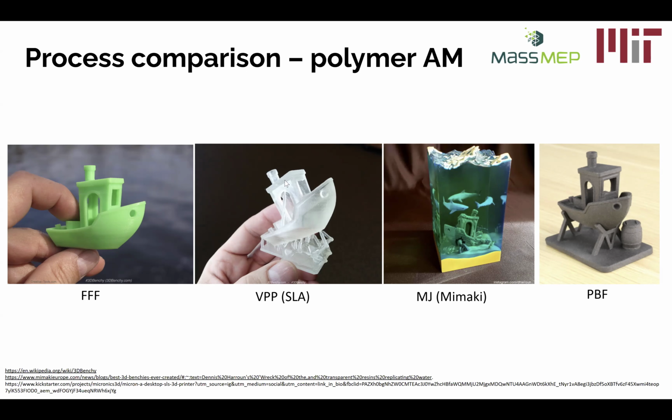To the right of this, we have that photopolymerization, that clear part. And in that case, it might be a little bit hard to tell, but generally it has much better surface resolution, surface texture than an FFF part because the layer lines are not as pronounced, although actually you can see them in this part, which is sort of interesting. It's not always the case for a photopolymerization print.